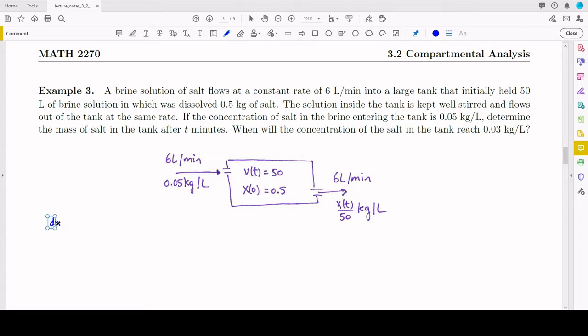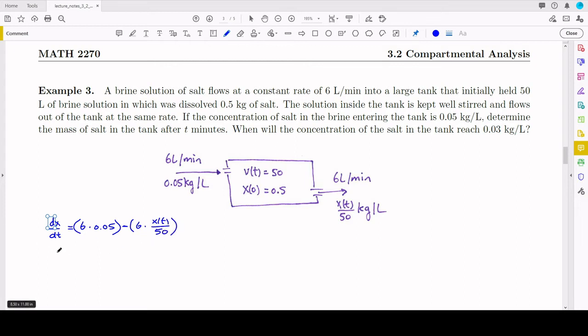Our differential equation becomes dx/dt equals the input flow rate, which is 6, times the input concentration, which is 0.05. That's our total input rate. And then the output rate that we have to subtract is 6 times x of t over 50.